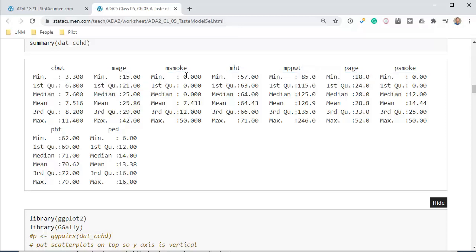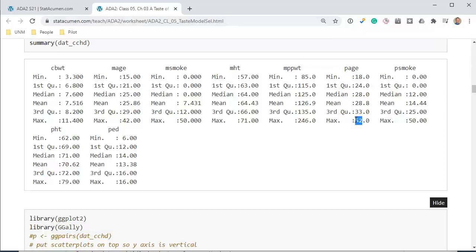Smoking can be anywhere from 0 to 50 cigarettes per day. Okay, mother's height in inches, 57 to 71. That seems reasonable. The mother's pre-pregnancy weight, 85 up to 246. Those seem fine. Now the father's age, 18 to 52.